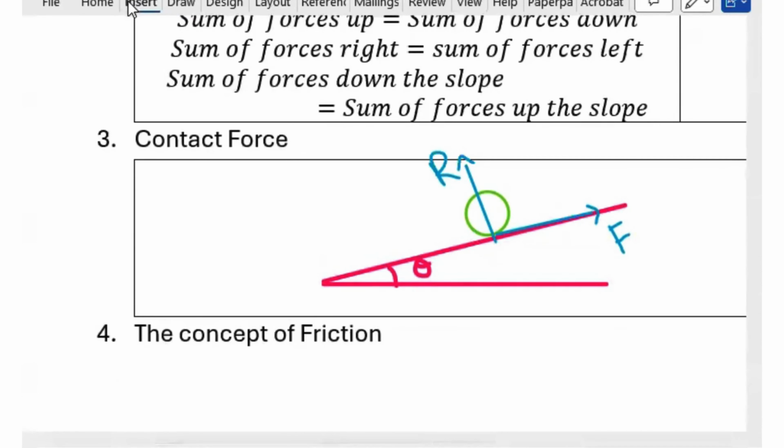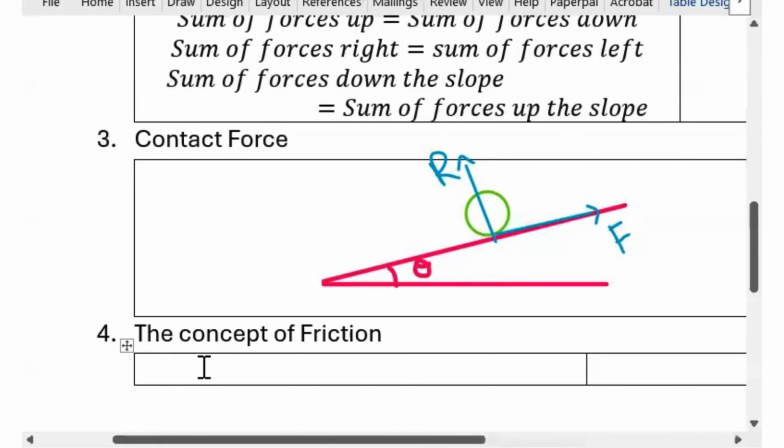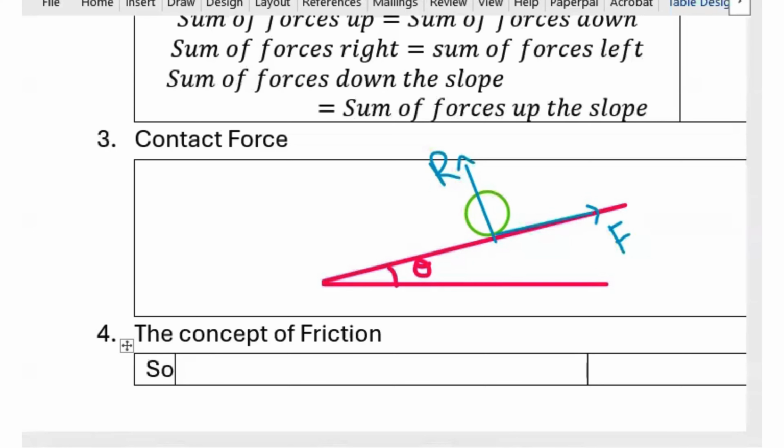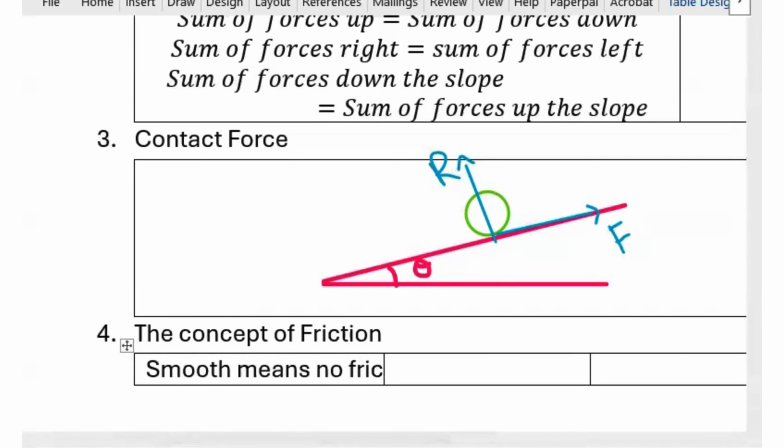Friction is obviously a force between an object and the surface. In our examples it will mostly be between two solids. If the word says smooth, then there is no friction. So smooth means no friction. Is this clear? Yes. Okay, now let's take an example.